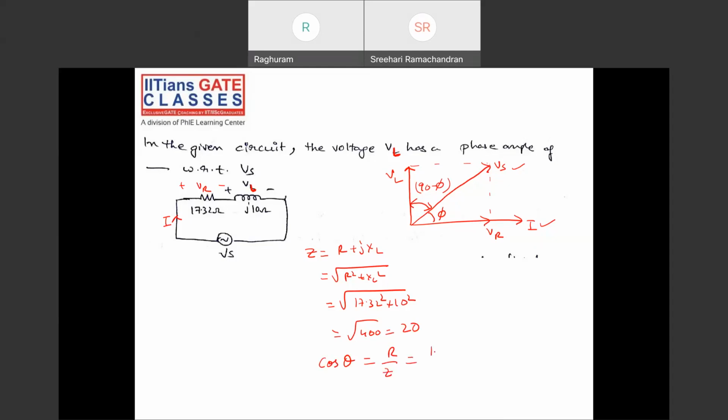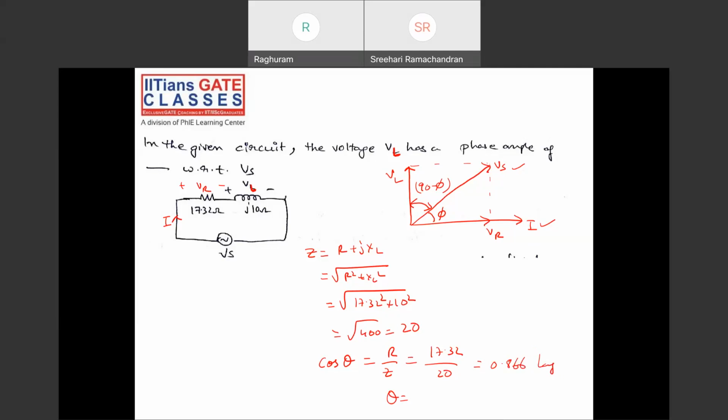R is 17.32 by 20. How much is this? 17.32 by 20 is 0.866. Again lag.